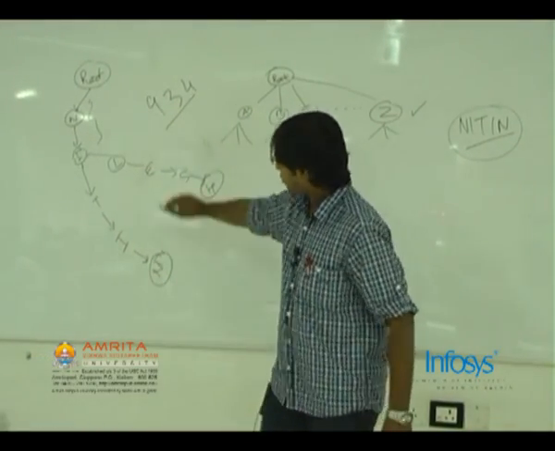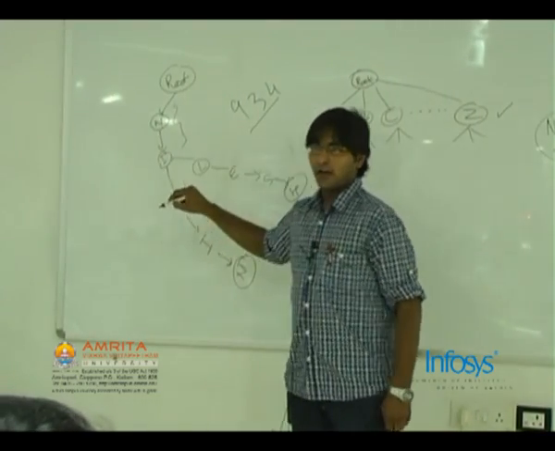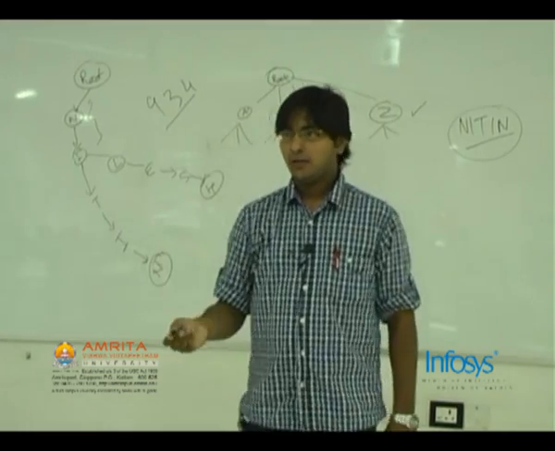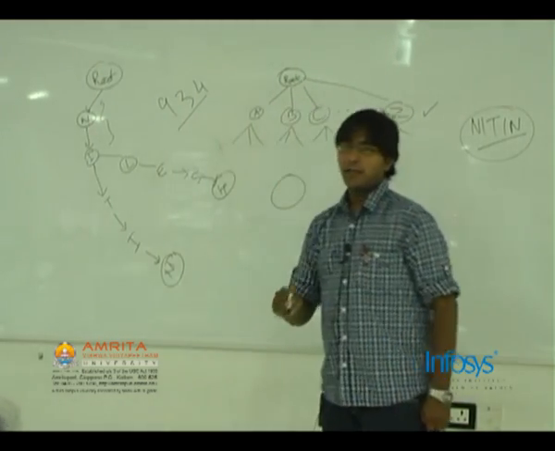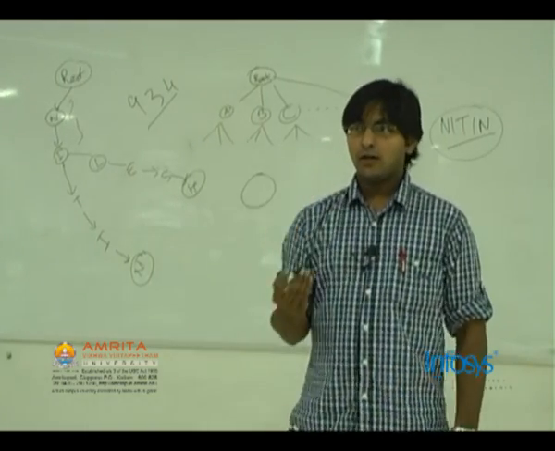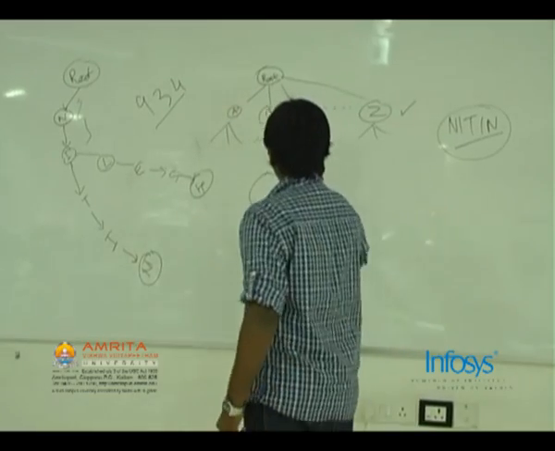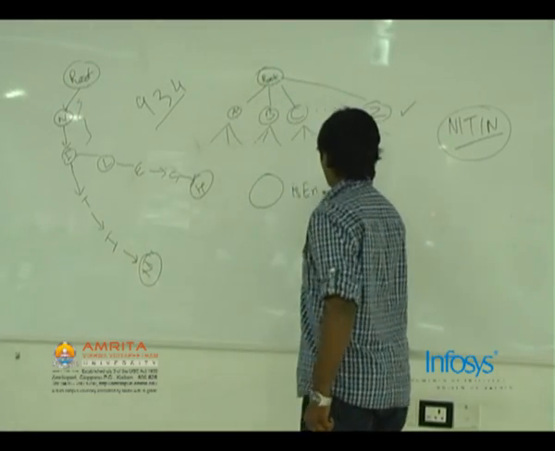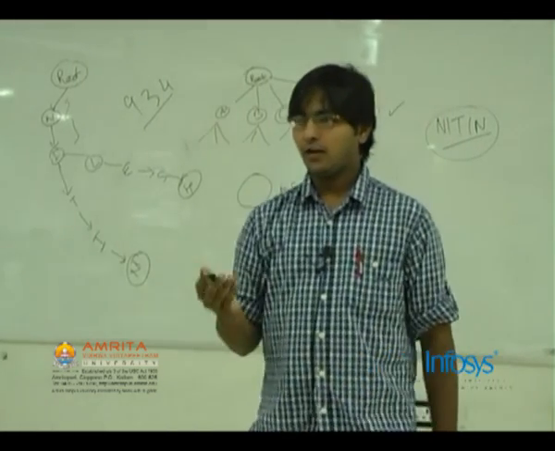But suppose there is one word which is NIT, and it may be a valid word. So with every node we need to associate information on whether this is the end of a word or not. So we have an isEnd boolean variable which will tell us whether this is a valid word till that point.